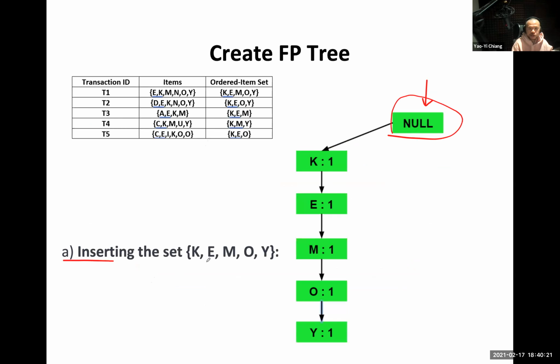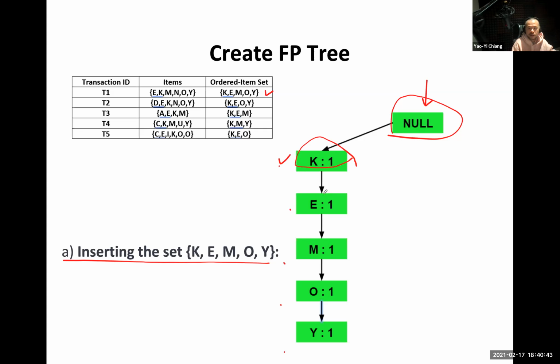Then you start to insert each basket. The first one, you already reorganized, so it's KEMOY, a path. Look here, the most popular item is K, because we expect that next time when you insert something, you will see K here as well, and then they can share.